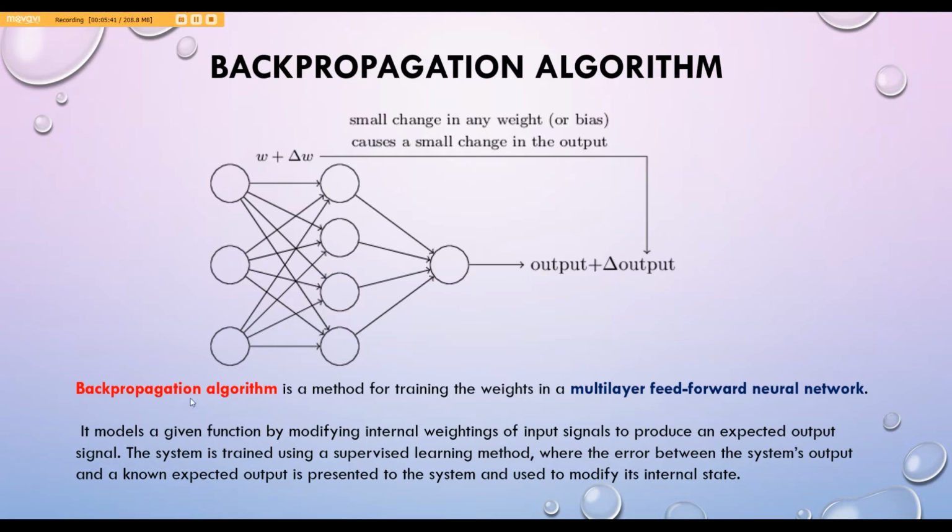What the backpropagation algorithm does is it models a given function by modifying internal weightings of the input signals to produce an expected output signal, and the system is trained using a supervised learning method where the errors between the system's output and the known expected output are presented to the system to modify its internal state.